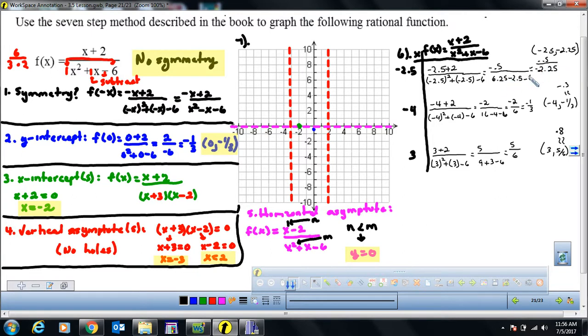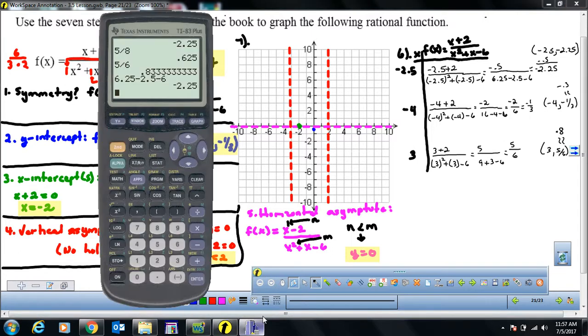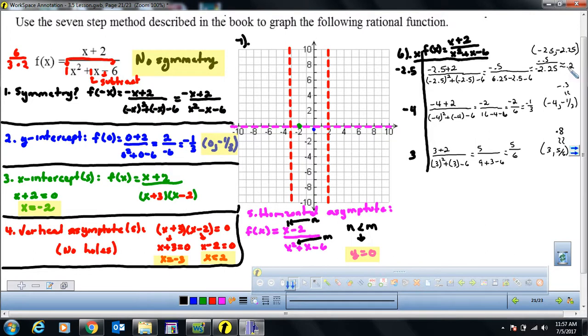The negative 2.25 is from the denominator. So let's go ahead and divide that. So we have negative 0.5 divided by negative 2.25, and that is 0.2. So that should be approximately 0.2. So let's change that up here. So that should be a 0.2.